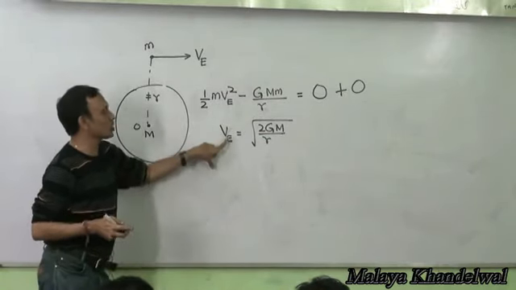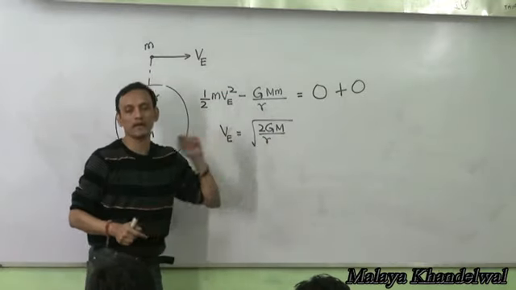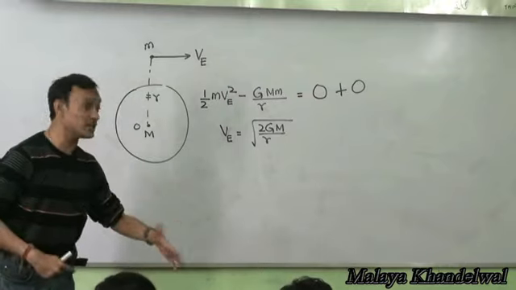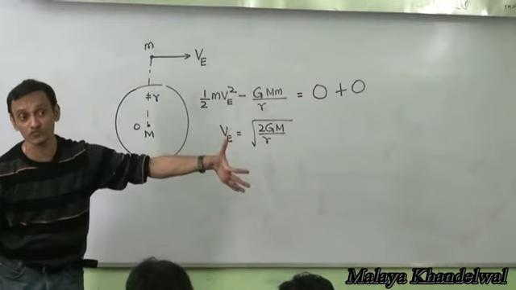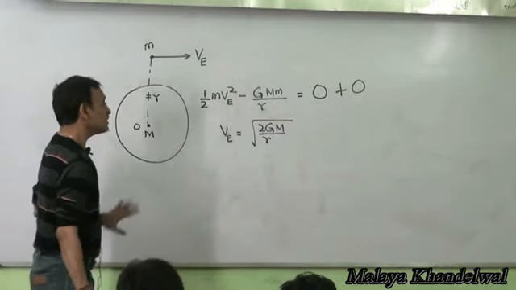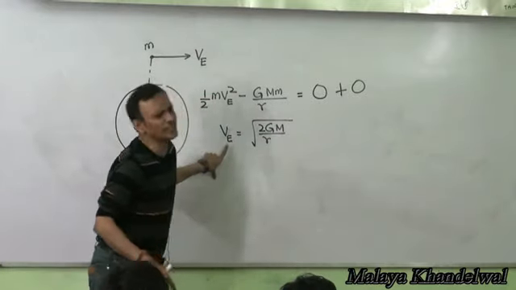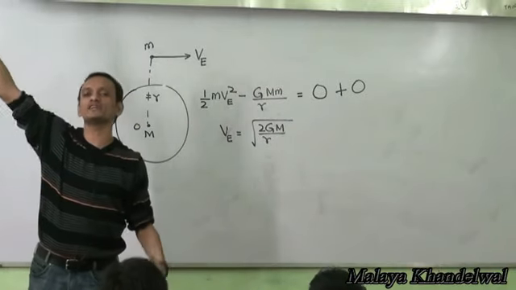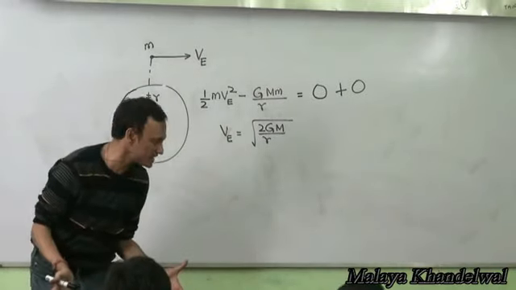If you give a body a velocity VE, which is root 2GM by r, then that body would escape to infinity, escape the clutches of the gravitational force field, right? If you give it a velocity larger than VE, then also it will escape, but by the time it reaches infinity, it will have some remaining kinetic energy. That's all.